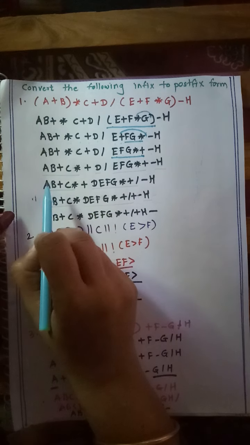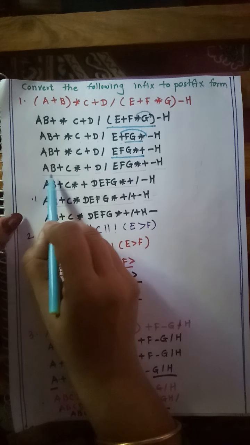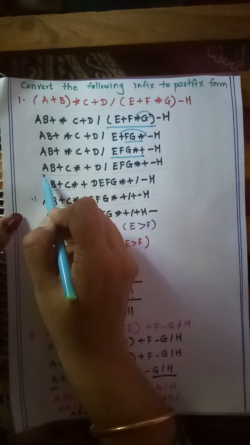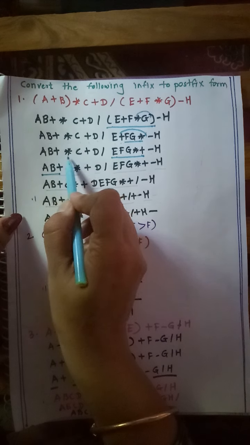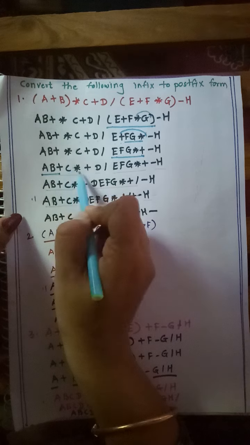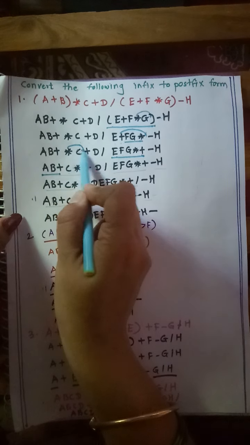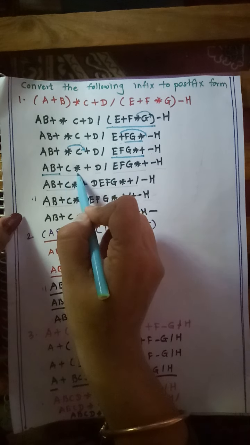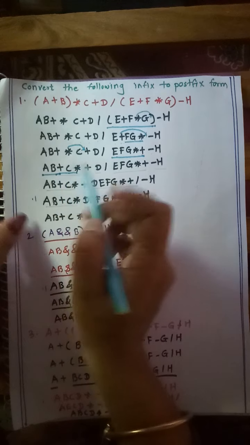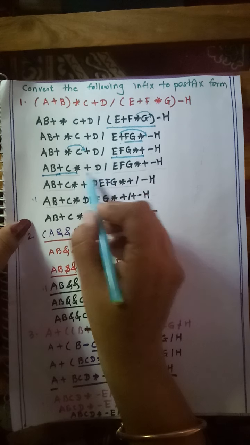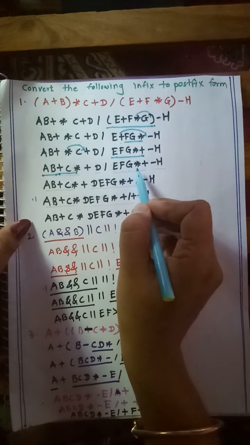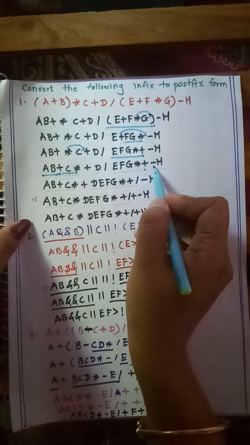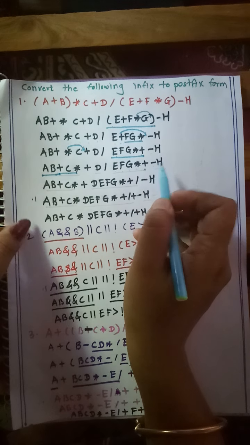Now here we convert a b plus, this is one term. Now star c, then c star goes to here. Now c star, this is one term. Now plus d slash e f g star plus minus h.